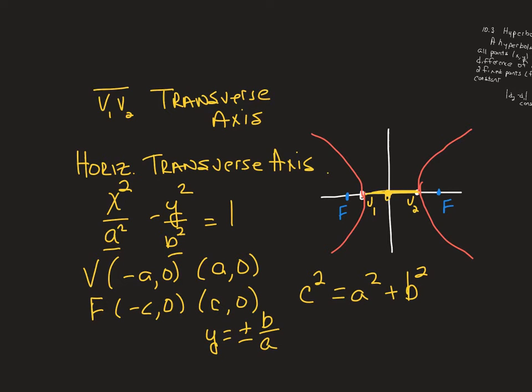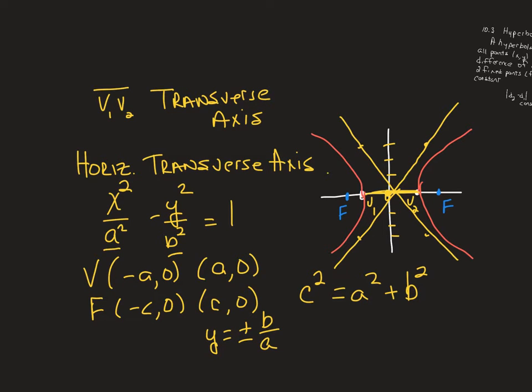If this is a and this is b, we're going to have b over a. Our asymptotes would look something like this. They form a little rectangle if you were to box them in, and they help us to know how narrow or how wide that hyperbola is going to be. So this is a horizontal transverse axis.